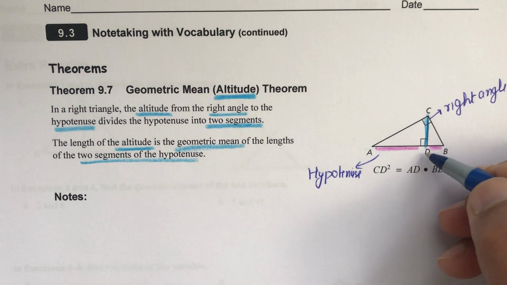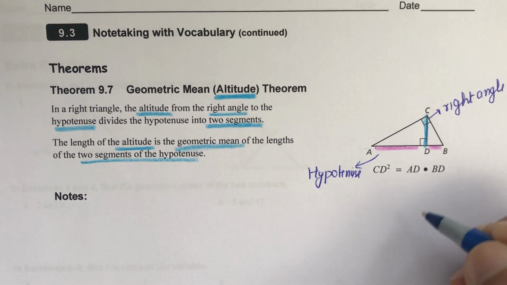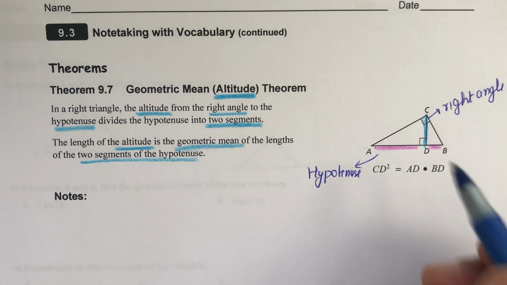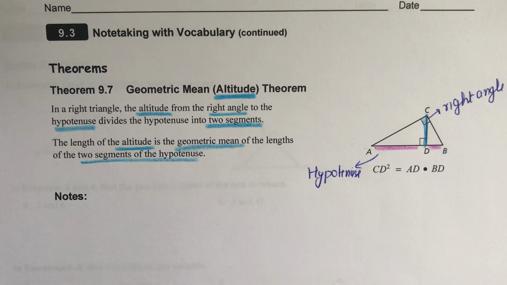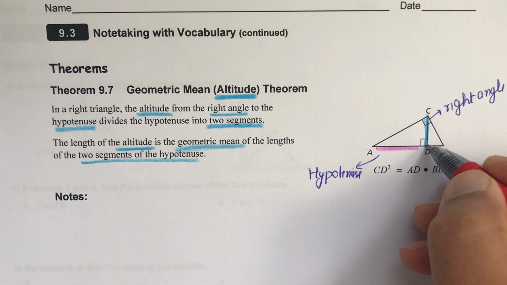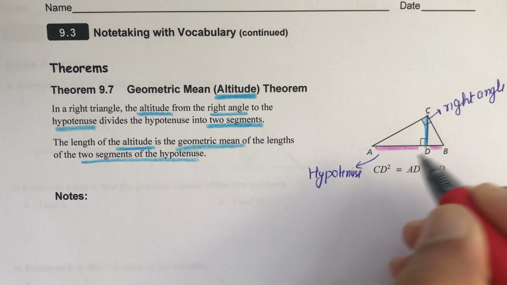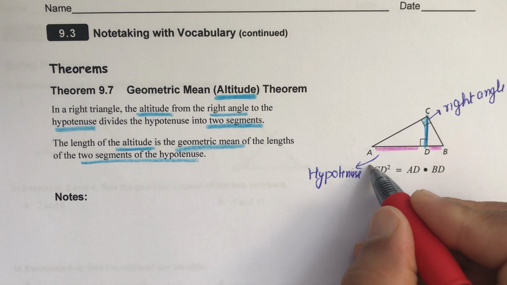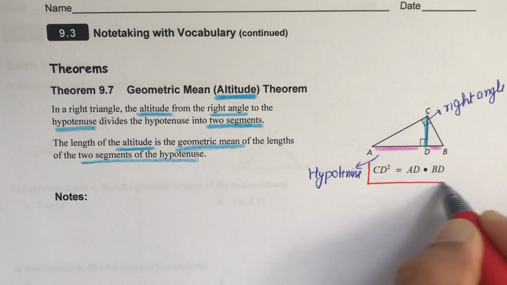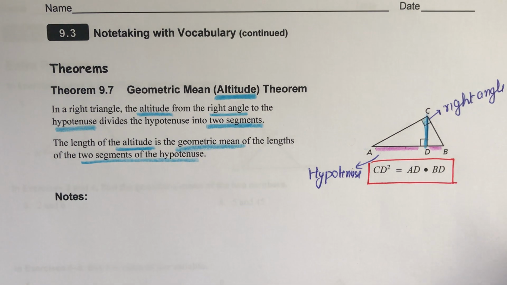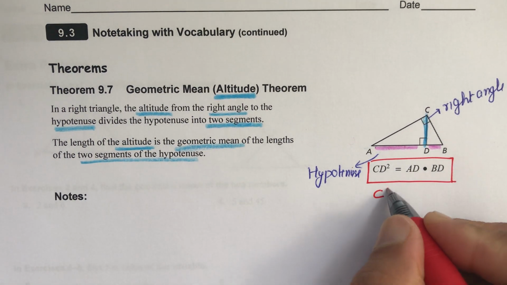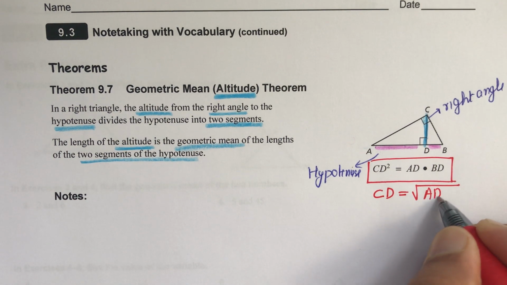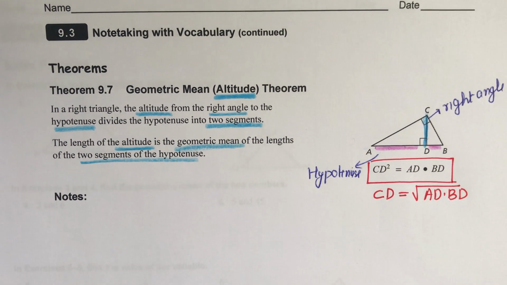So in that case, if you have to find CD squared, CD is actually the geometric mean of AD and BD. The expression is CD squared is AD times BD. If I say geometric mean, it means you can write CD as the square root of AD times BD. So we can write it this way also.